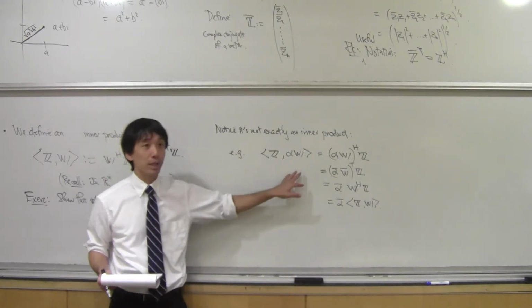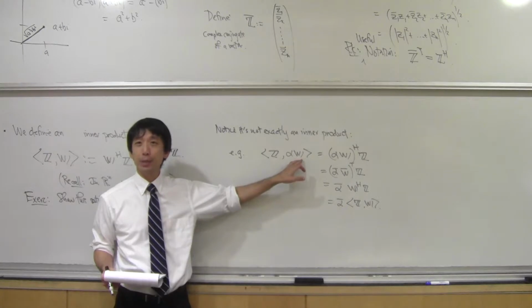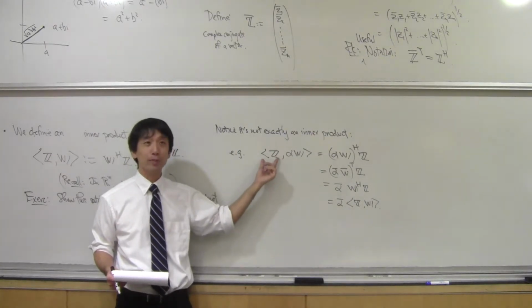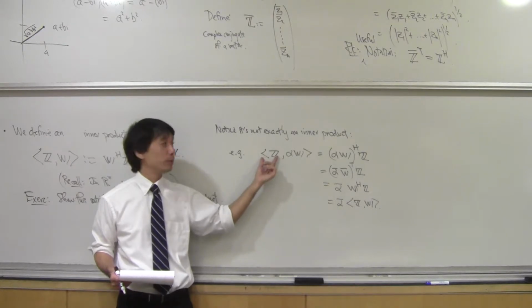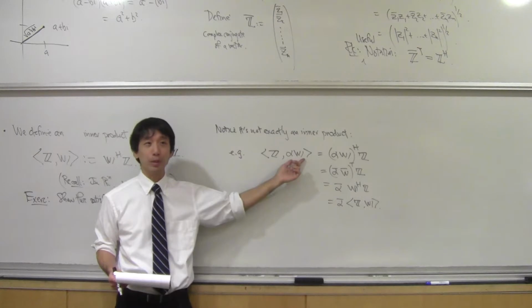Okay, now you guys see that? It's not linear in the second variable. It is actually linear in the first variable.